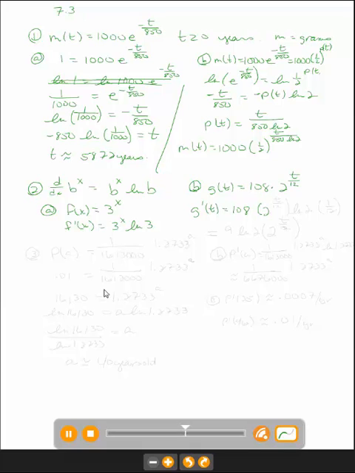So we're going to have 2 to the t over 12, a natural log of 2, and also the derivative of the power. The derivative of t over 12 is 1/12. The reason we didn't do it in part A was because the power was x and its derivative is 1. But in this example, the power is not just a t, it's a t over 12. Now, cleaning this up, 108 divides by 12 evenly, it's going to be 9. Then I'll put the natural log of 2, and then the 2 to the t over 12.